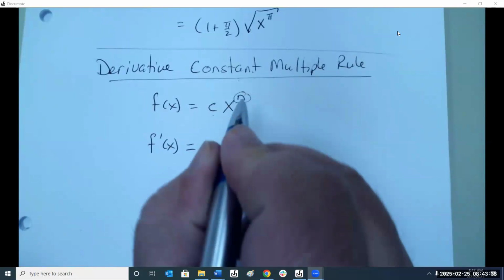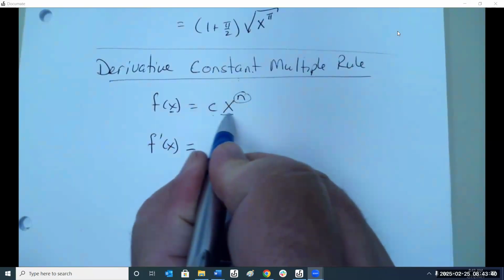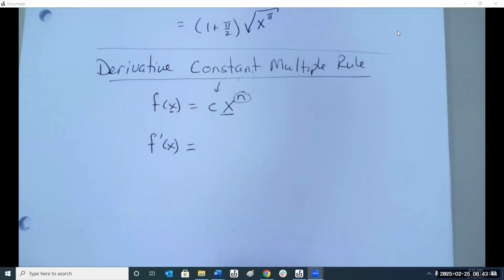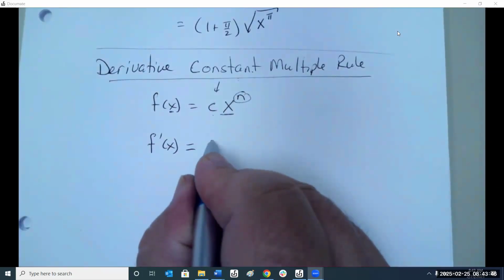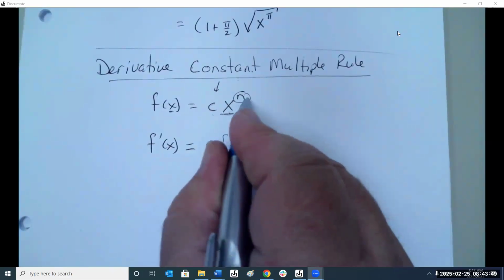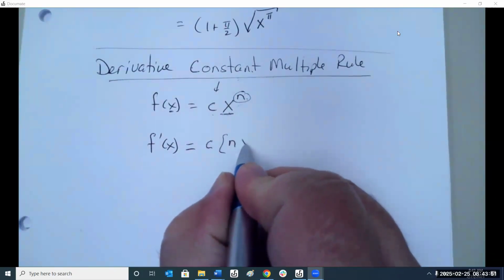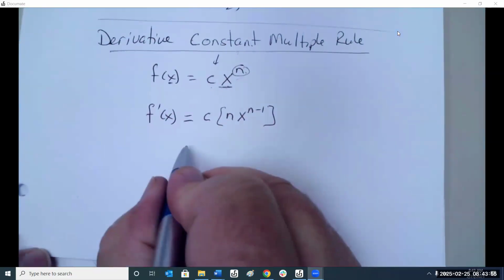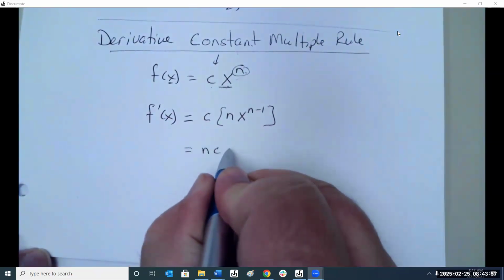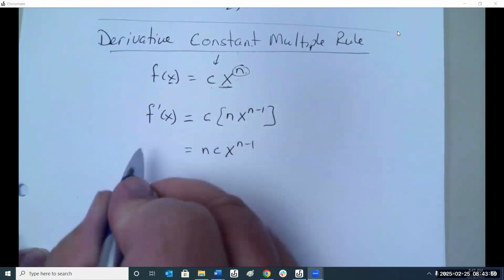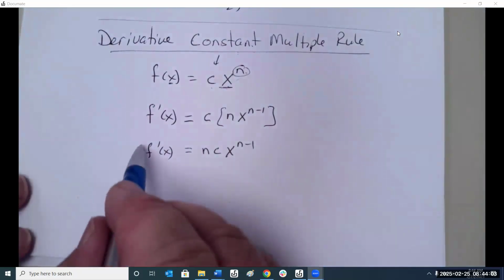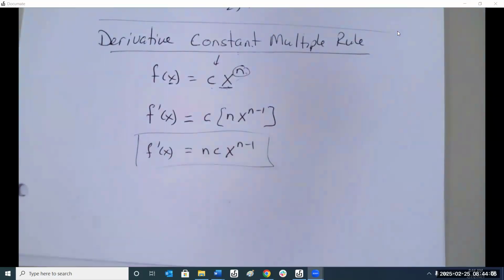Because what this is, you only take a derivative with respect to x. This is a constant. You don't have to worry about it. Don't do anything with it. So there's my constant. The derivative of this one is n x^(n-1). So it's n c x^(n-1). There is your constant multiple derivative.